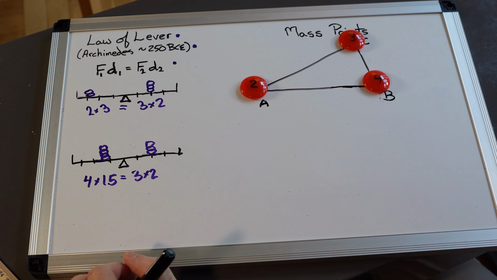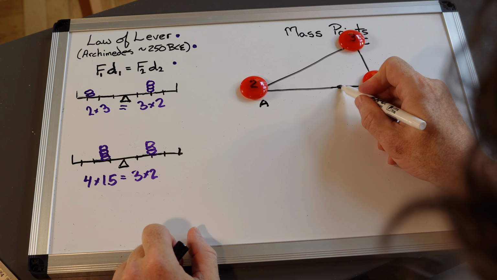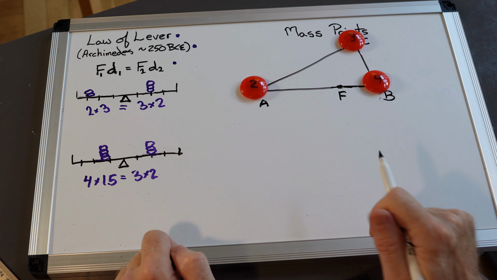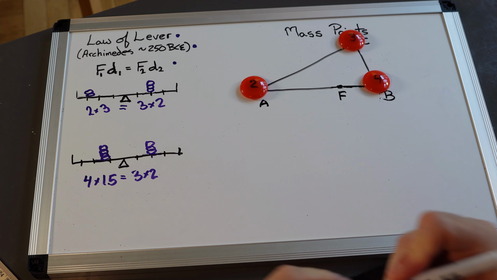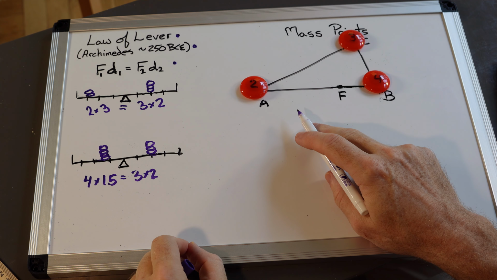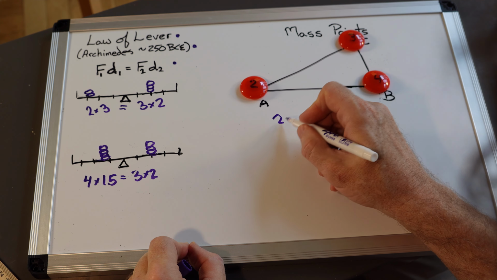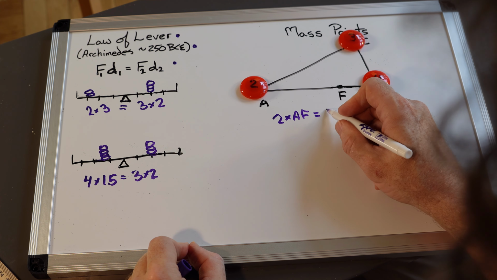Consider segment AB and its balance point F. Point F must be twice as close to point B because there is twice as much weight at point B. Using the law of the lever, 2 times distance AF equals 4 times distance FB.